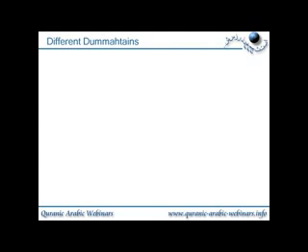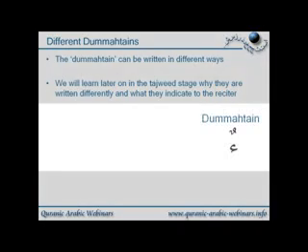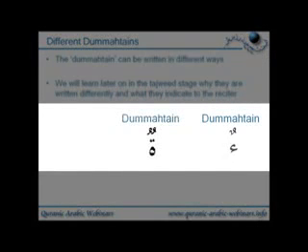The dhammatain can be written in different ways. We will learn later on in the Tajweed stage of our course why they are written differently and what they indicate to the reciter. I'm just going to put up three different ways you'll see it.